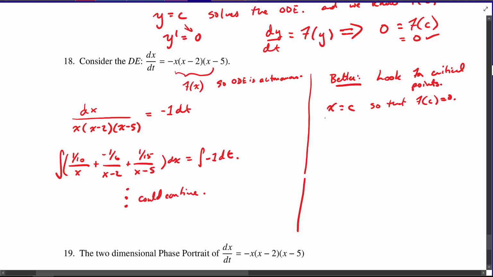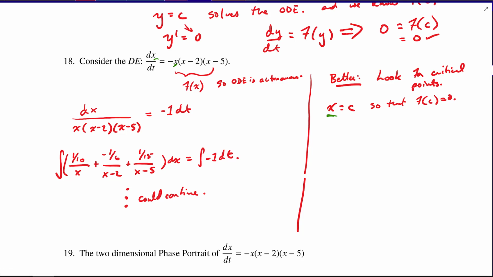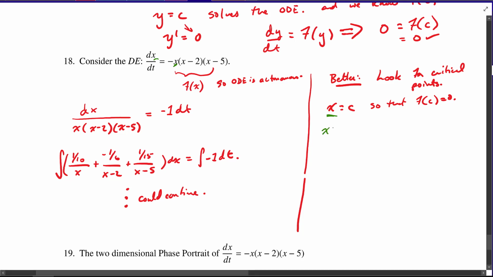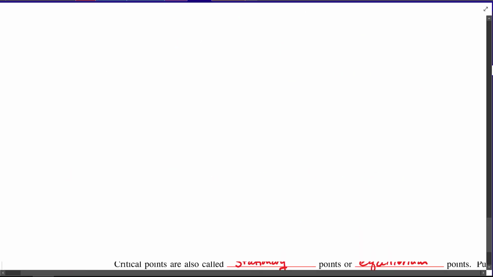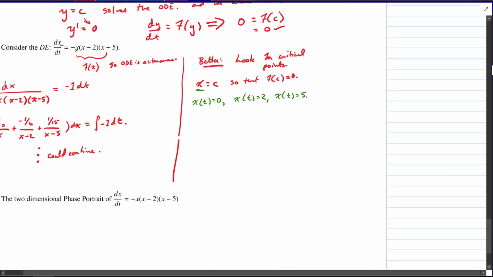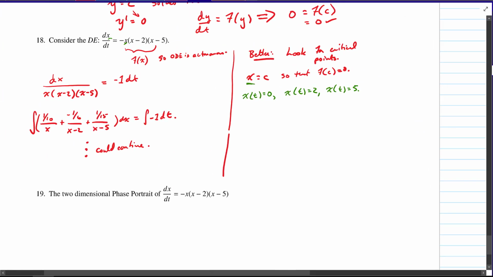In this case, our dependent variable is x, and so I should be using x equals c. So notice that the three constant solutions are x of t equals 0, x of t equals 2, and x of t equals 5. Those are the three constant solutions to this ODE. And we're going to talk more about this in class, but I want to point out something. We could make what's called a one-dimensional phase portrait here.